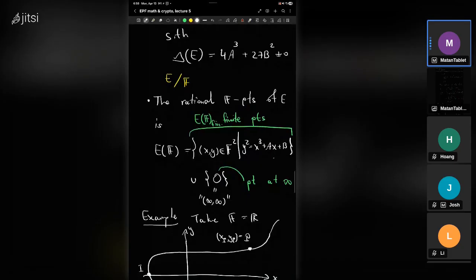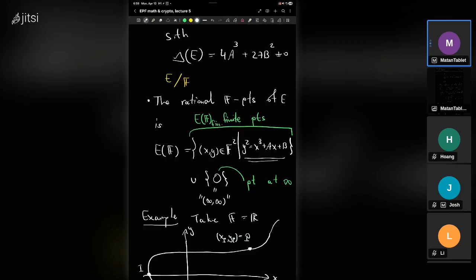This equation that I wrote is called the short Weierstrass form. You can define elliptic curves over a field of characteristic 2 and 3, but then the equation is a bit more complicated, and I wanted to simplify.